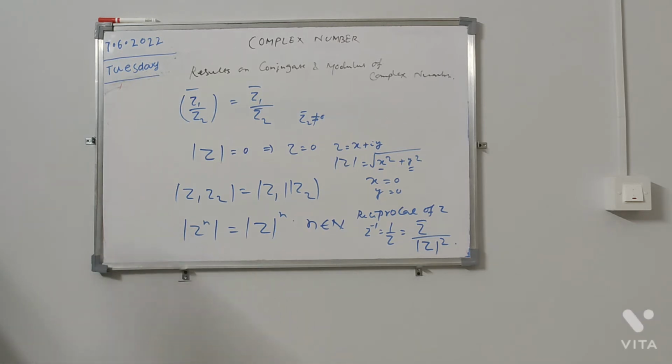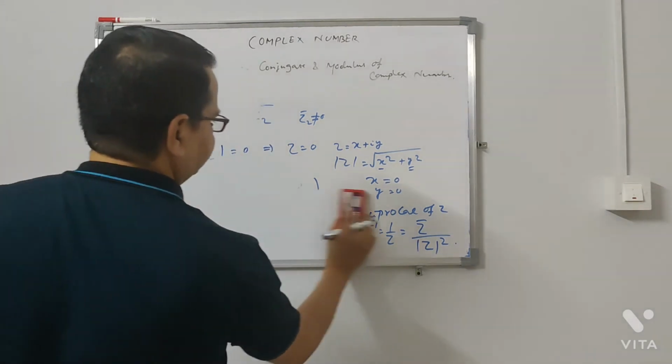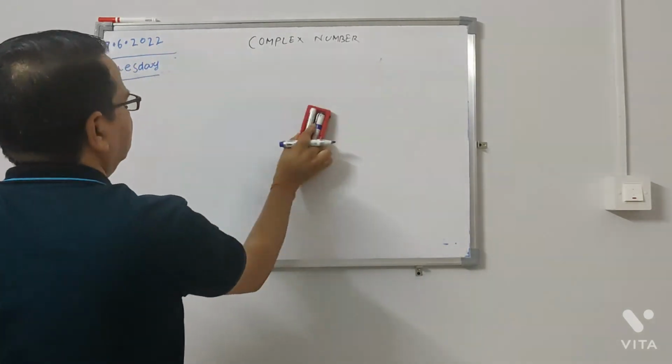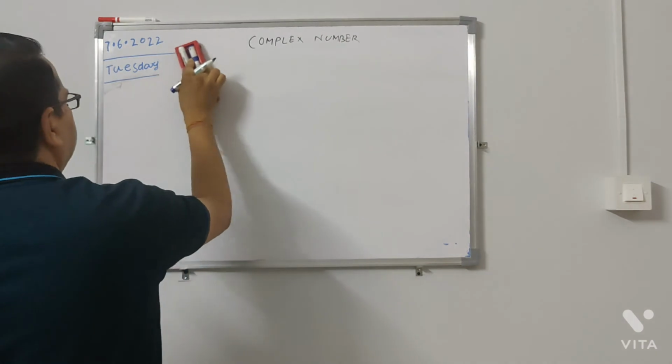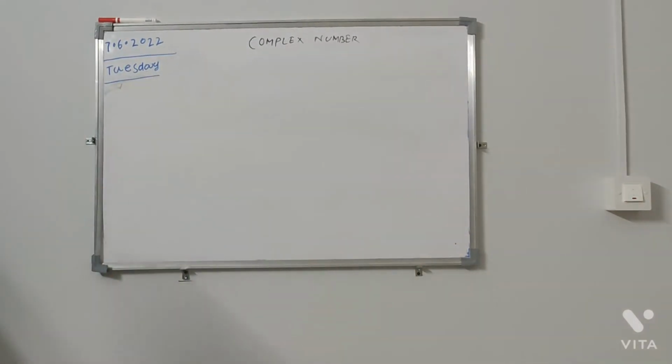All these things are proven and derived, but we are not deriving them because yours will be MCQ questions. So these things you just remember.